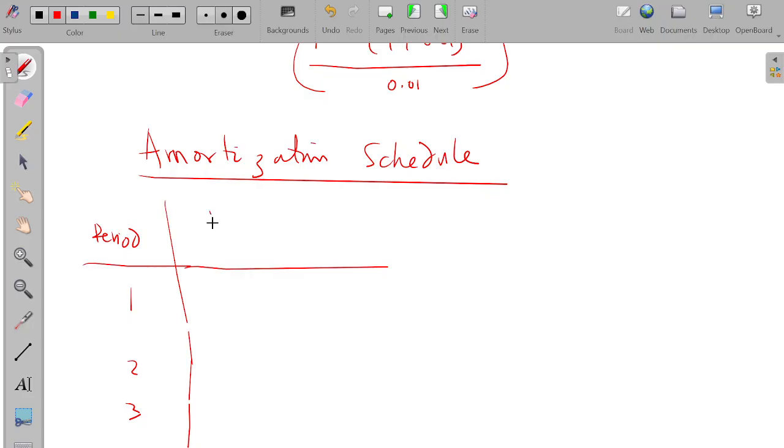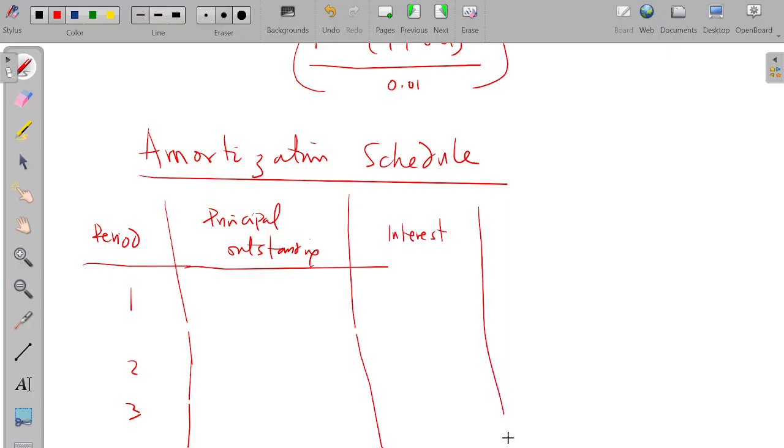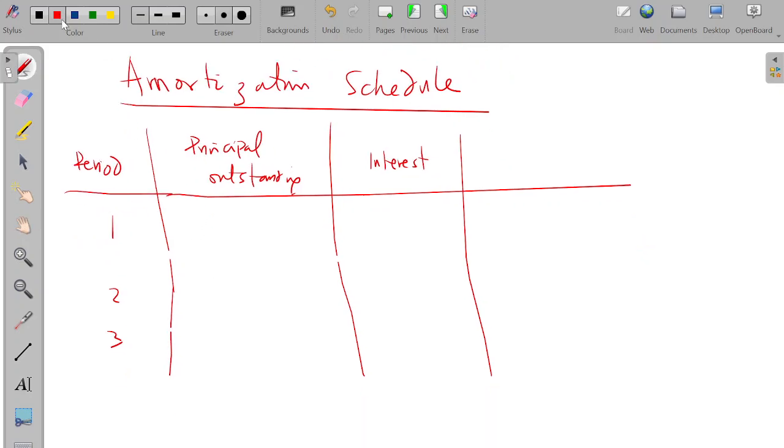Then we have the principal outstanding, the money we are yet to pay. We have the interest. Then we also have the payment, and then the principal repaid.